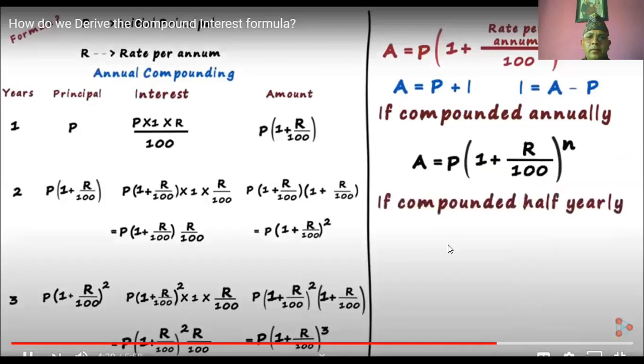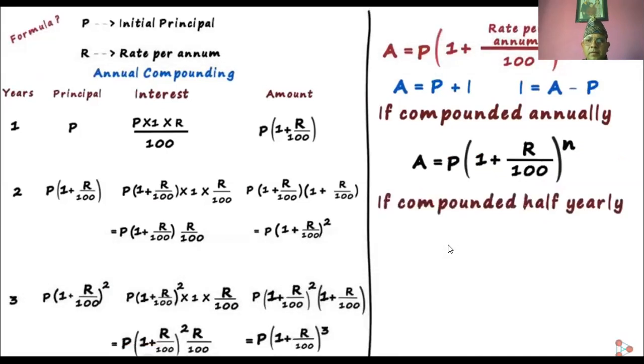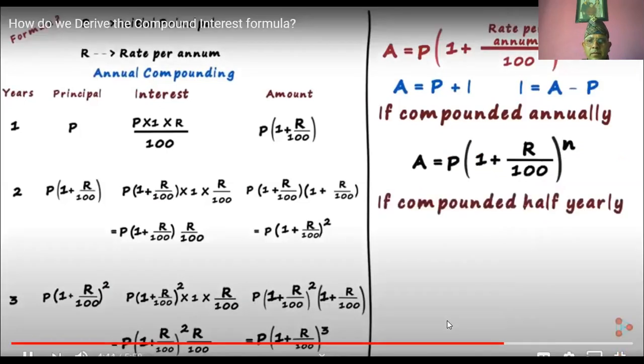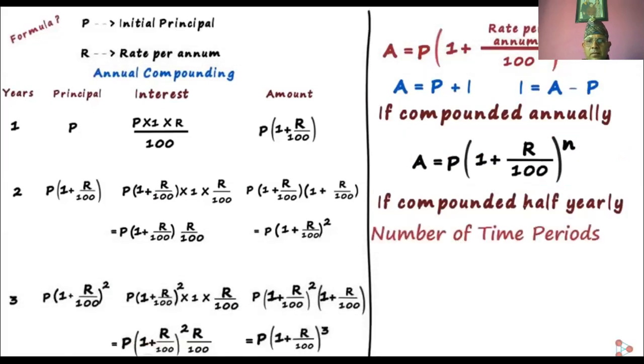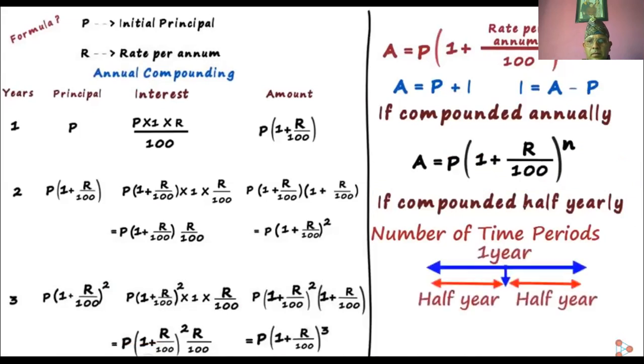What if it is compounded half yearly or quarterly? Do we have to derive another formula? No, we don't. We need to just modify this one. If compounded half yearly, then what will happen to the number of time periods? As there are 2 half years in a year, they will double. And the rate of interest for each period will be half that of the rate for a year.